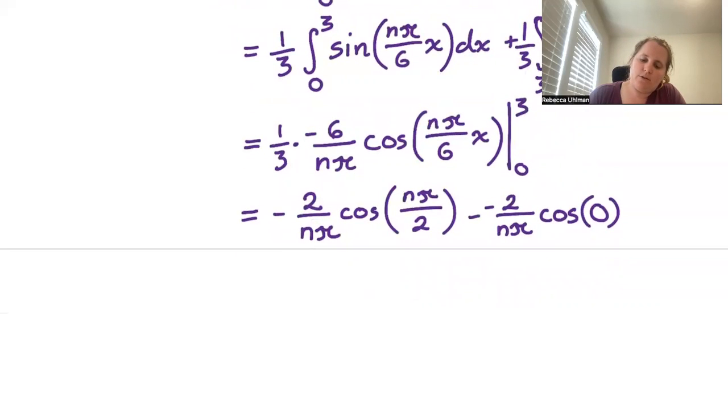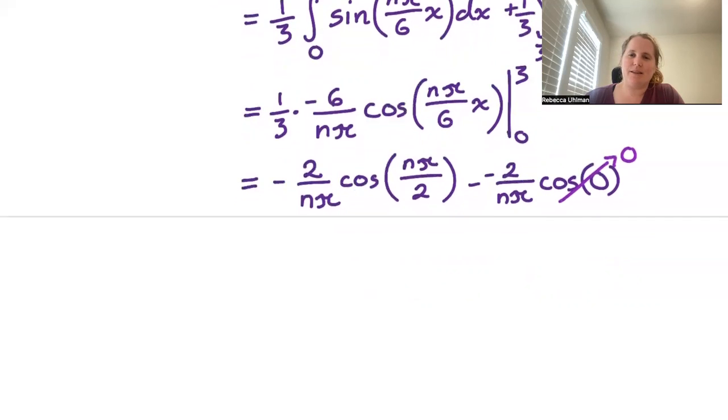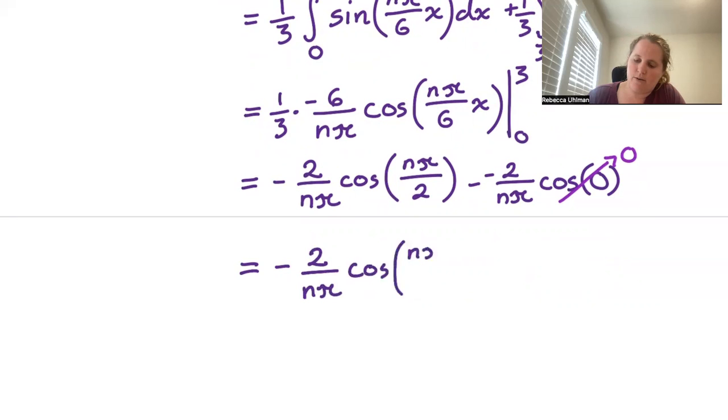Cosine of 0 is just 1. Cosine of n pi over 2 is a little more complicated, so once again, we'll do a little work to get there. But so far we are looking at a negative 2 over n pi times cosine of n pi over 2 plus 2 over n pi.